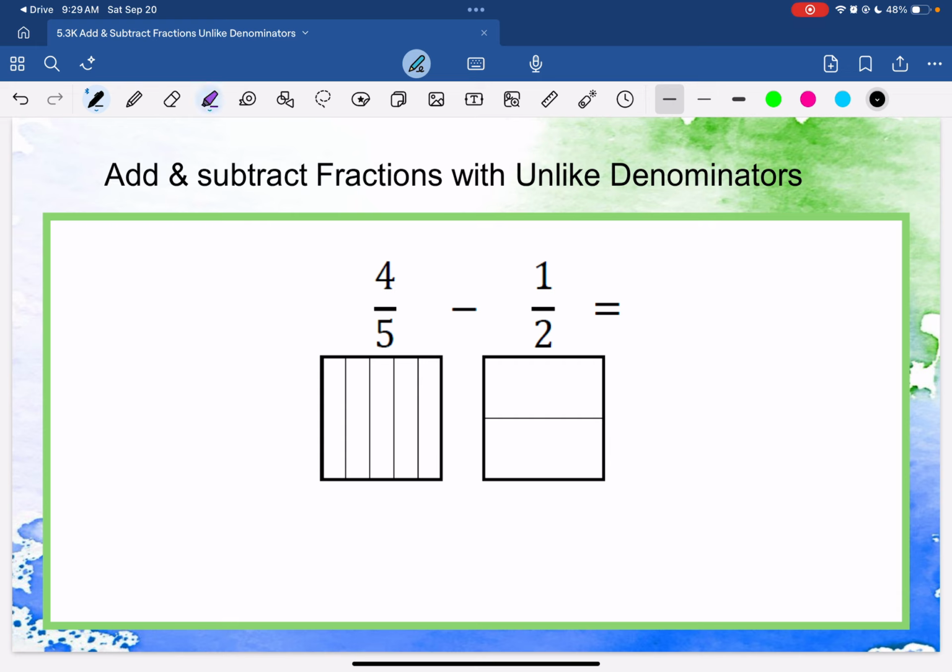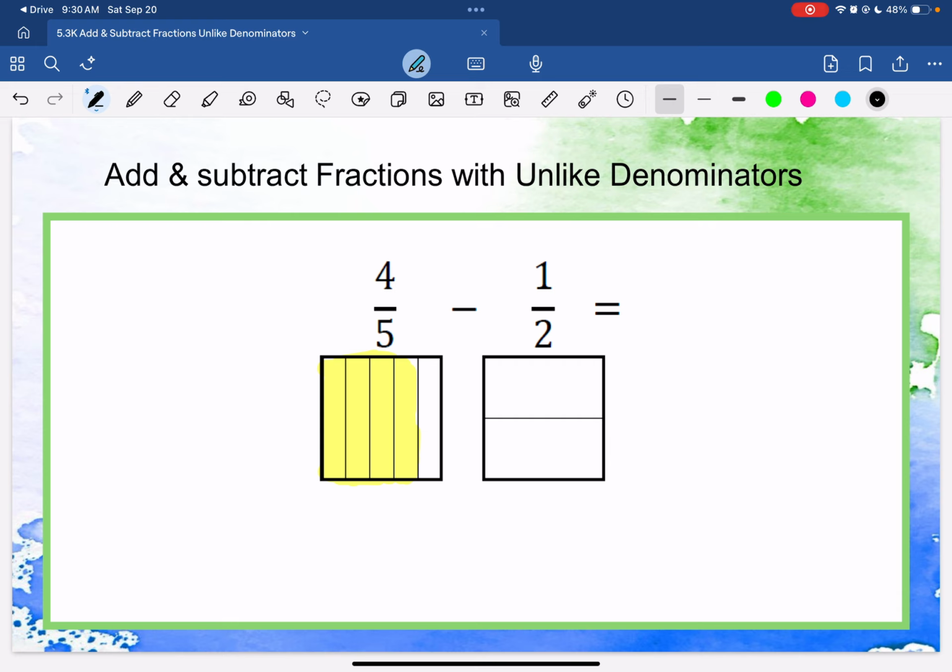You're taking away from the first one, but we're going to use a visual representation. You started off with 4 out of 5. I don't want 4 out of 5. I want out of 10. I'm not putting the half on top because I don't want to add anything. I want to take away.